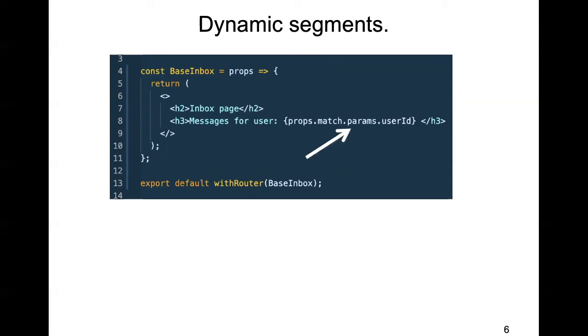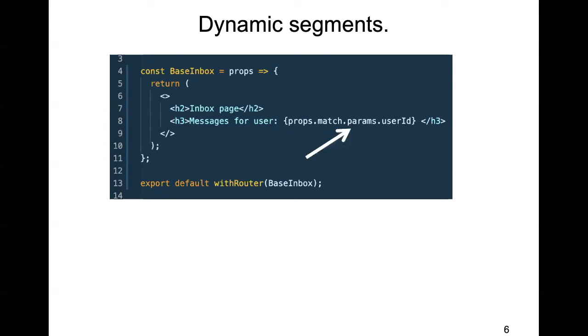The prop has quite a long-winded name there, but the match prop is not a prop that we define. It's actually defined by React Router. And so React Router takes care of injecting or passing this prop into our component for us.